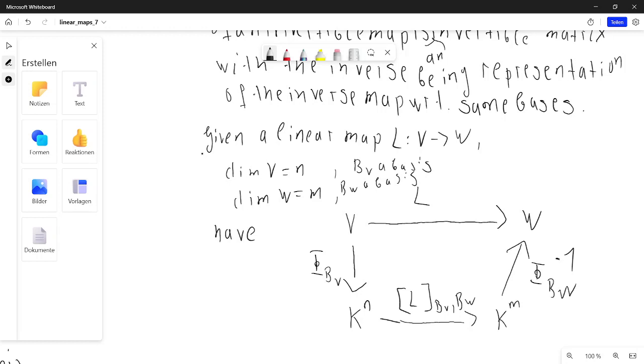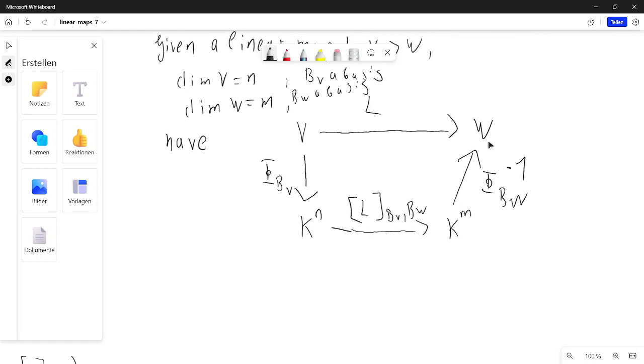So yeah, this works like that. And of course, if L would be invertible, we would have that the other way around with the inverse matrix, and with these inverses everywhere, the arrows would be reversed. Right.